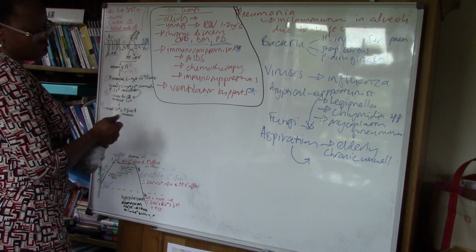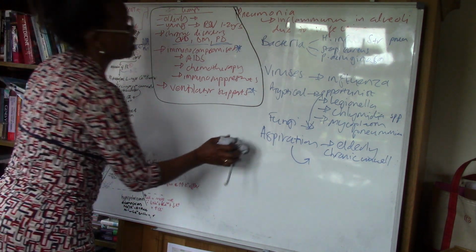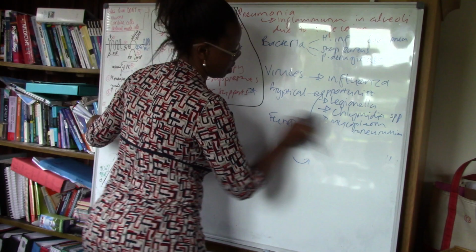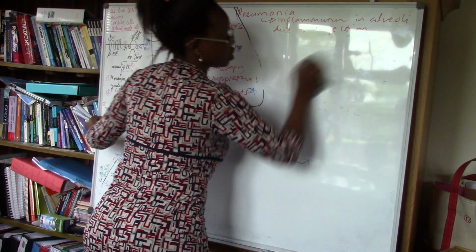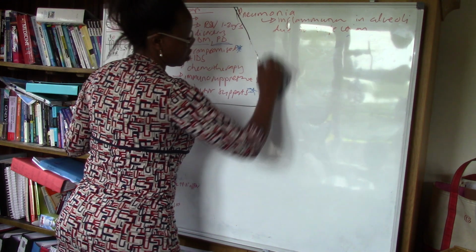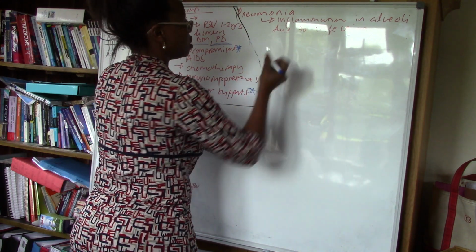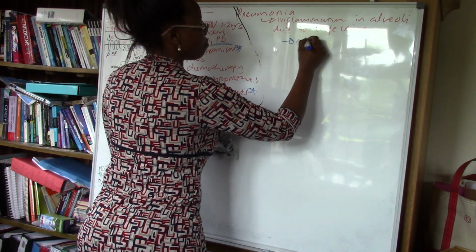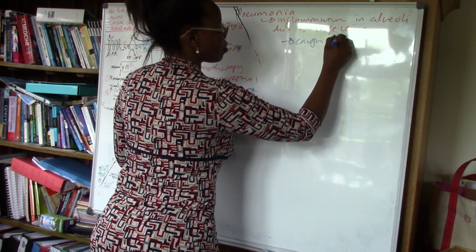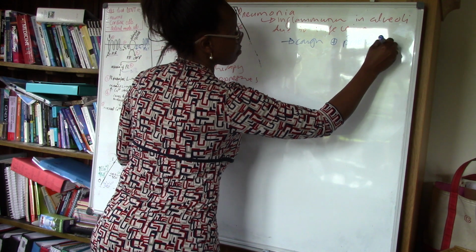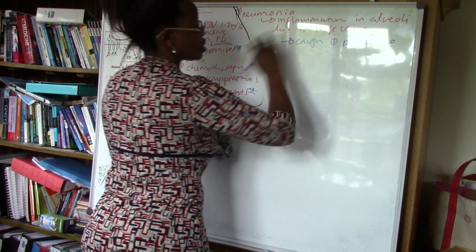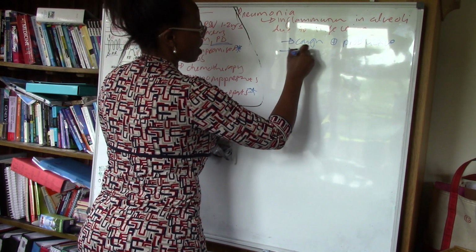So with pneumonia, the presenting features are cough, productive, though atypical might not be productive, with yellow sputum, and general unwellness.